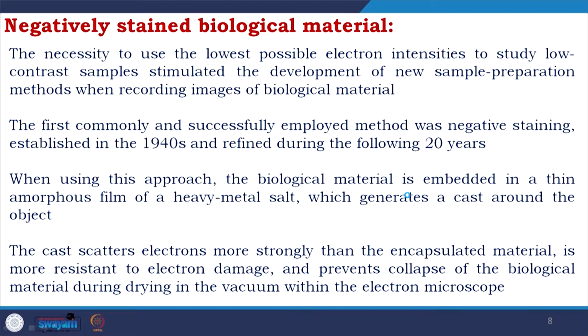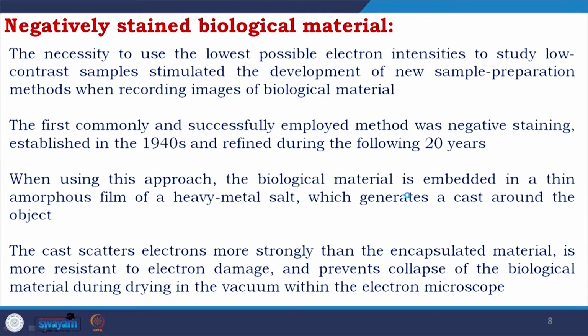The first commonly and successfully employed method was negative staining, established in the 1940s and refined during the next 20 years, with alteration of the material, how to use them, how to prepare them, and all these things.